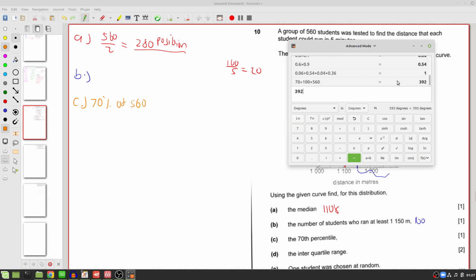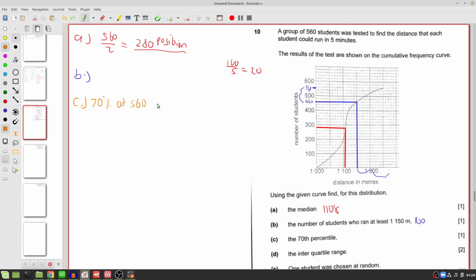So that gives us 392. So that value is where we'll go to measure from. So 392. So that's 320, 340, 360, 380. So 392 is about halfway between these two values.